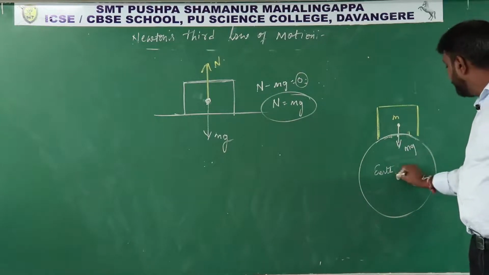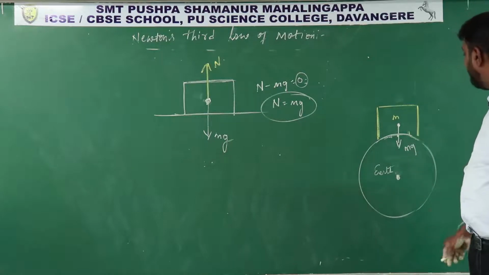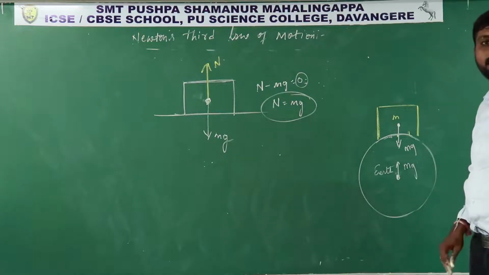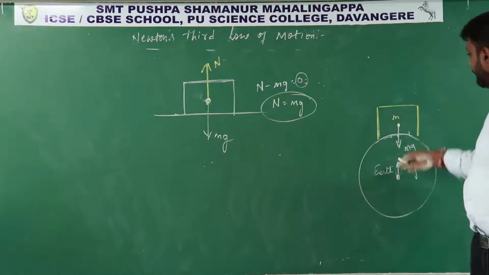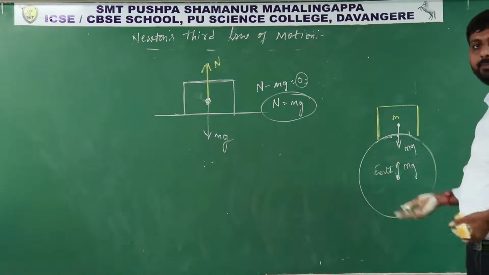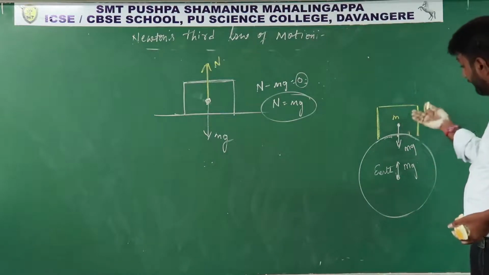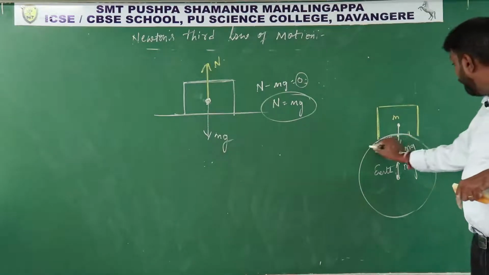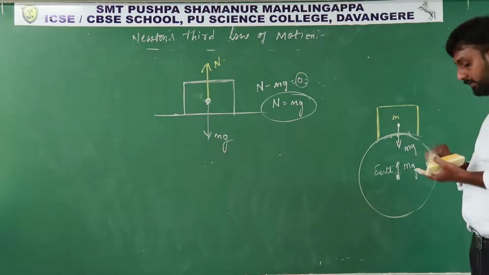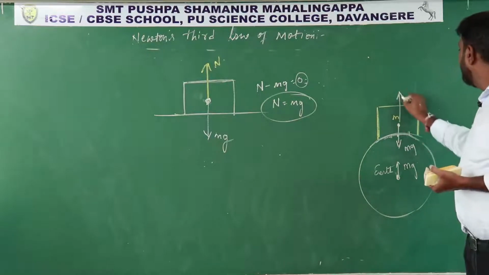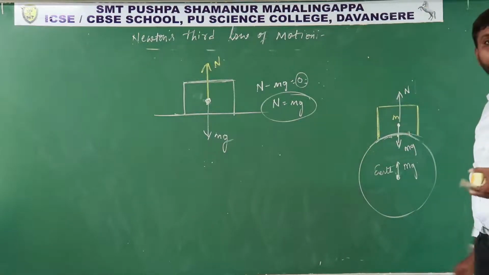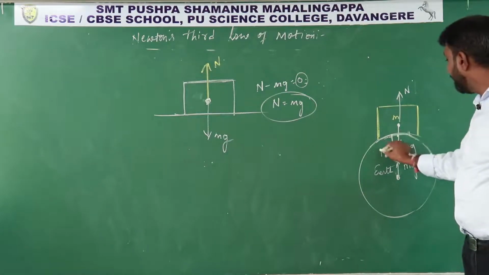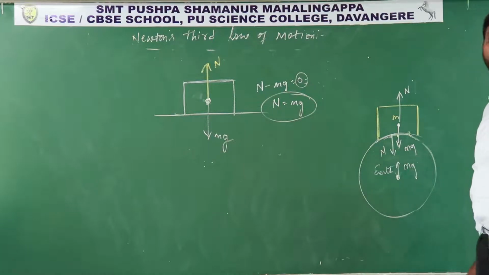Similarly, this block also applies the same force in the opposite direction. The earth is applying force on the block, and in the same way the block is applying force on the earth. Then one more force is there: the earth surface applies a normal force in the upward direction, and similarly the block applies the same normal force in the downward direction.